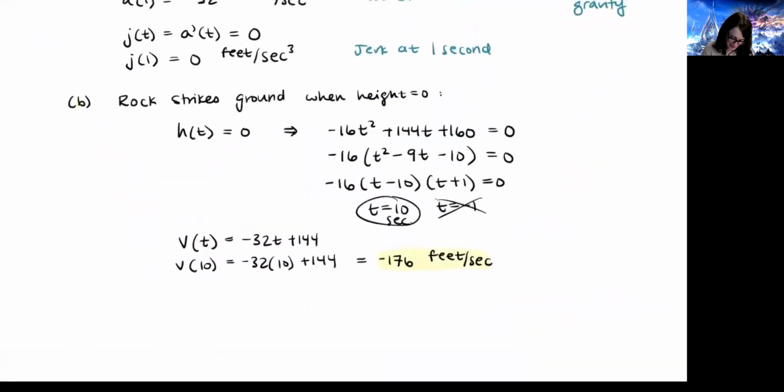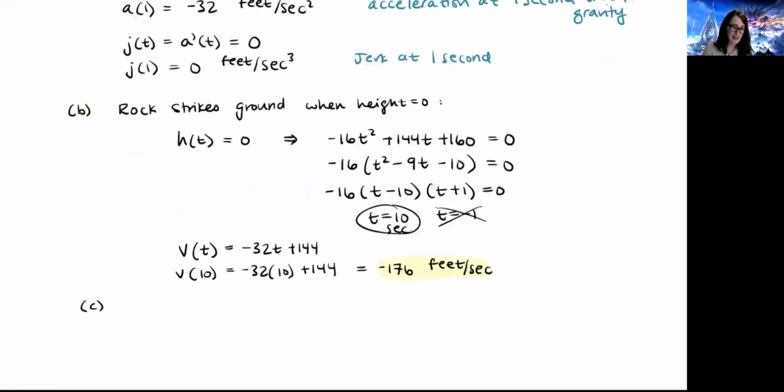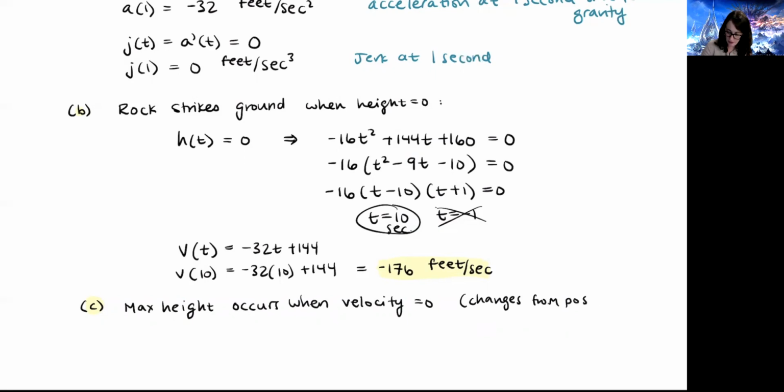In other words, that occurs when the velocity is equal to 0. So the max height occurs when velocity is equal to 0. That's because when it's equal to 0, the velocity is changing from positive, going upward, to negative, going downward.